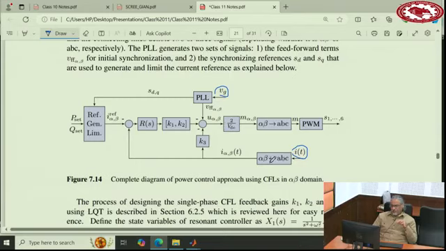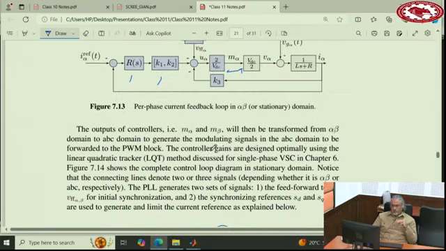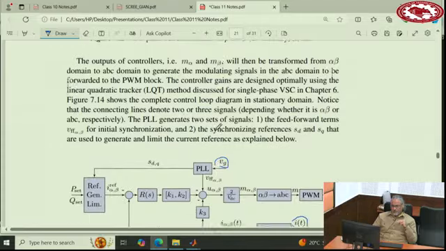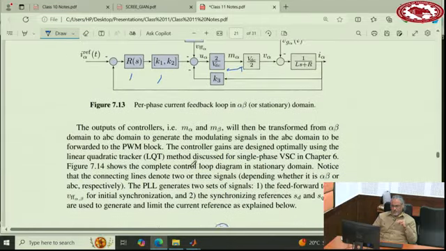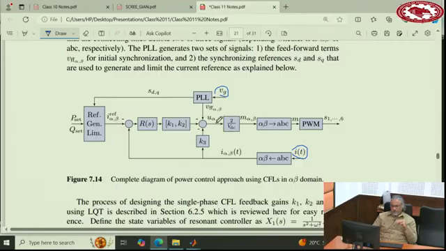And then you convert ABC currents to alpha beta, right? And then multiply into these gains that you calculated, K3, and then K1 and K2. Eventually you find U alpha and U beta, multiply by 2 over VDC, which gives you M alpha beta, convert it back to ABC, and then give it to the PWM.